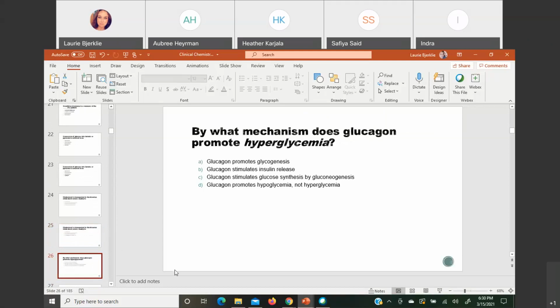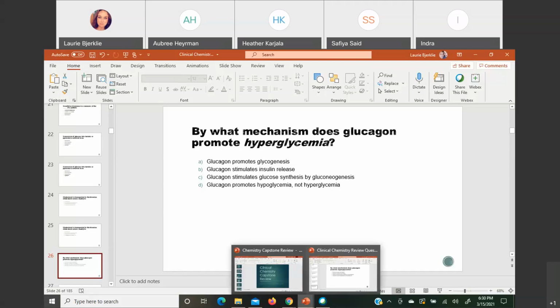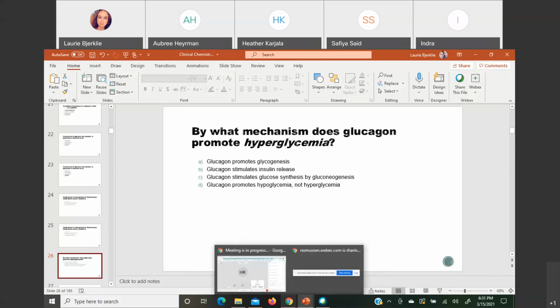Okay, by what mechanism does glucagon promote hyperglycemia? So what way does glucagon make us have high glucose levels, hyperglycemia? It takes a while to read through the choices.